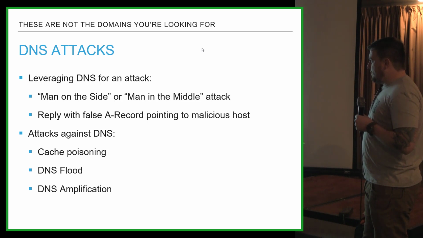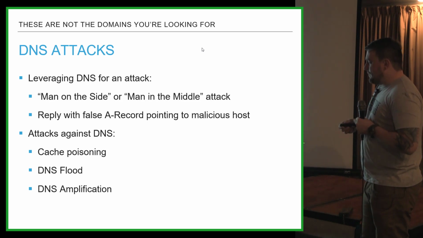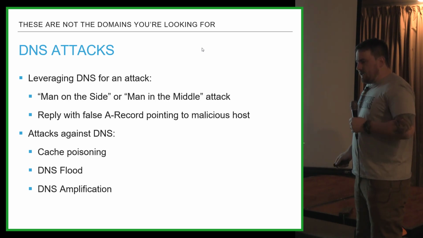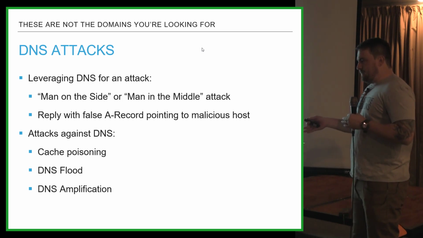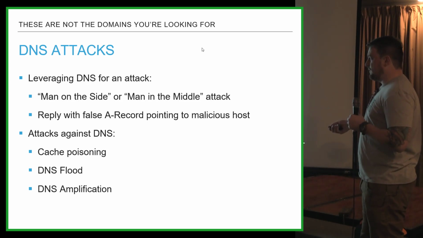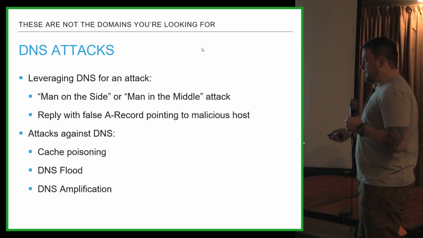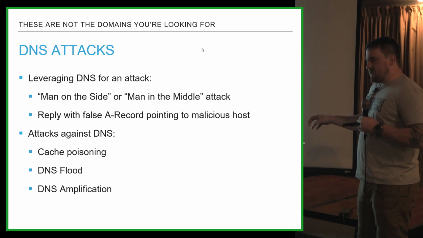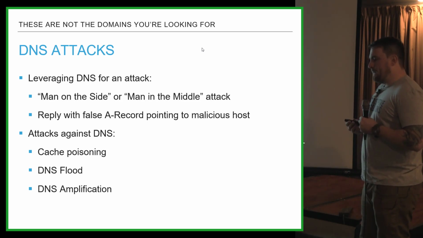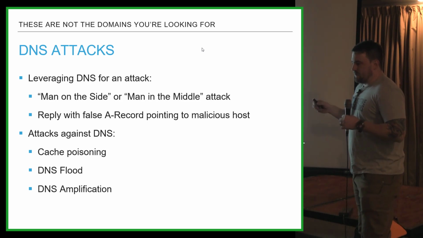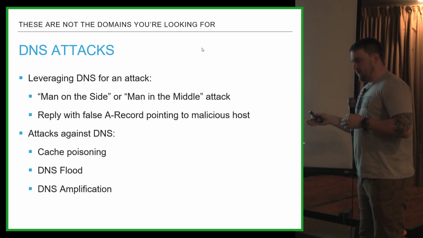So a little bit about DNS flooding. If a botnet didn't want a DNS server to be online anymore, it would just send lots of requests at that DNS server, or they could use reflection, which is this amplification attack, where as an attacker, I can send a lot of very small requests for information, but then spoof the source IP address so that when the DNS server responds, it's going to my victim machine.